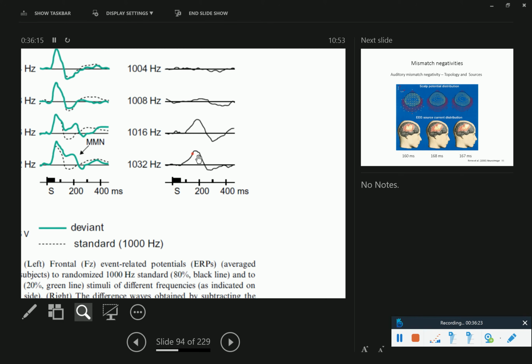The fastest response times that you get are like 300 milliseconds. And so, just because of latency, you can say this is something not task related. And P3A, although you might see it in a mismatch negativity, in some cases might be task related, and people can respond at that time.